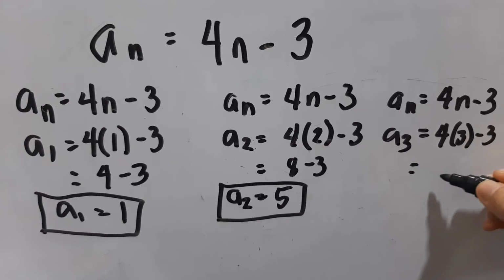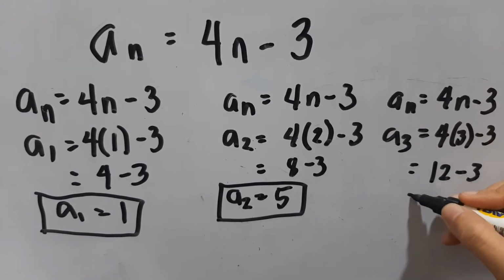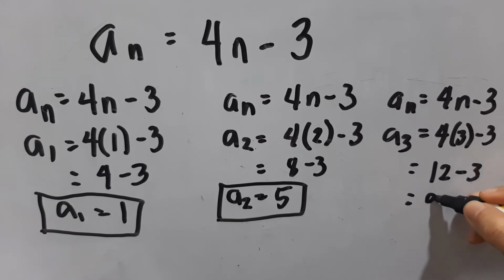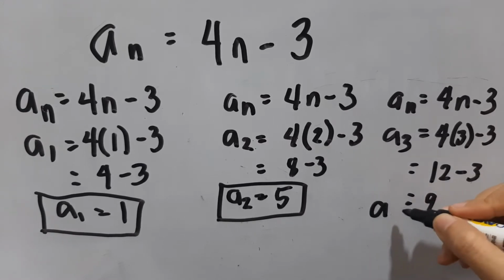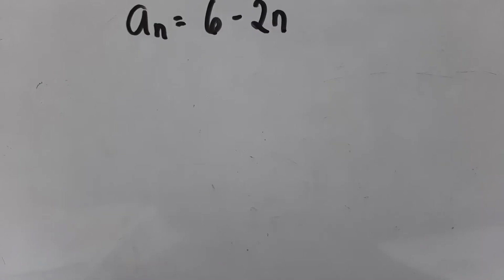So, we have 4 times 3 is 12 minus 3. 12 minus 3 is equal to 9. So, we have the third term is equal to 9. So, the first 3 terms of the sequence a sub n equals 4n minus 3 is equal to 1, 5, and 9.